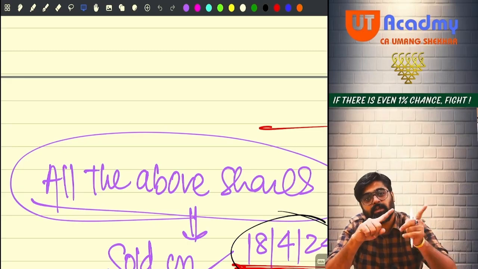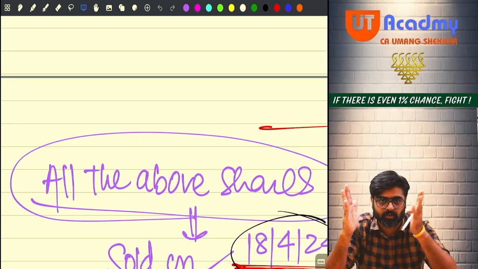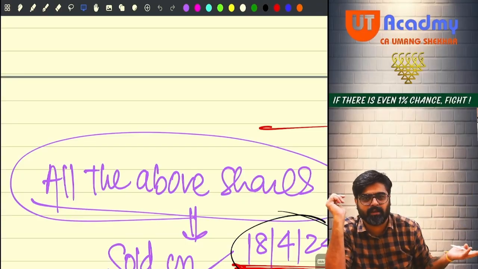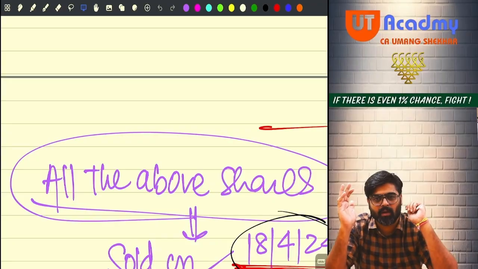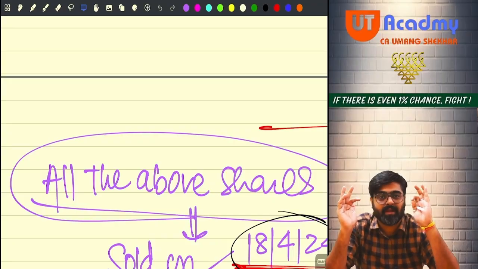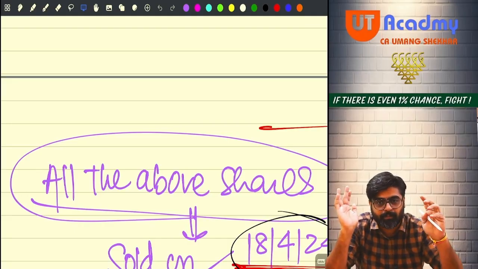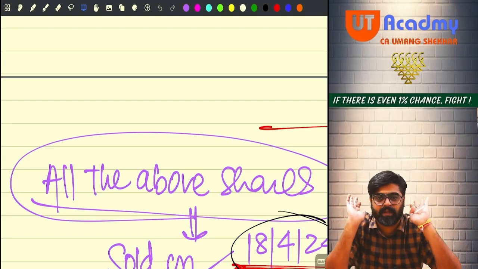Meaning that the shares which you acquired first, in the first lot. See, same company shares, you can have multiple lots. Different company shares are different capital assets. Yes or no? But if for the same company, different lots are bought, every lot will be considered as a separate capital asset, and for every lot there will be a different period of holding, different cost and everything.